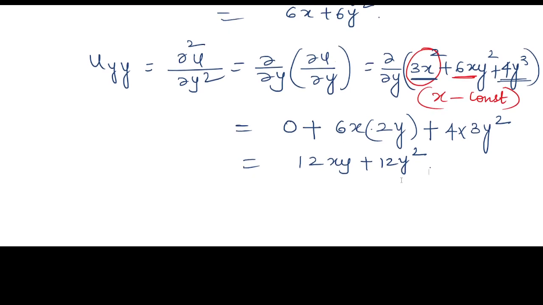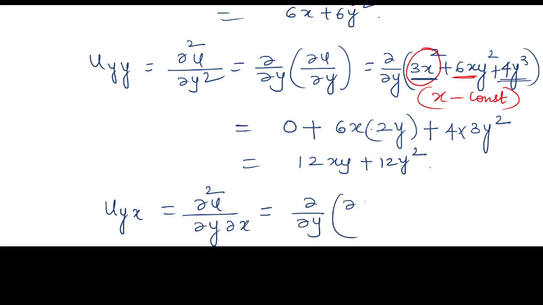The next partial derivative is u_yx, which is ∂²u/∂y∂x, or we can write it as ∂/∂y of ∂u/∂x. First we have to differentiate with respect to x, then with respect to y.